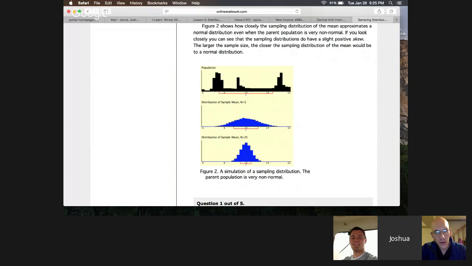That's almost like a normal distribution. And when they get 25, it's even more normally distributed. So maybe it really doesn't matter about the population.